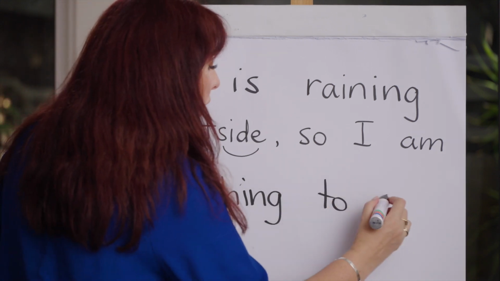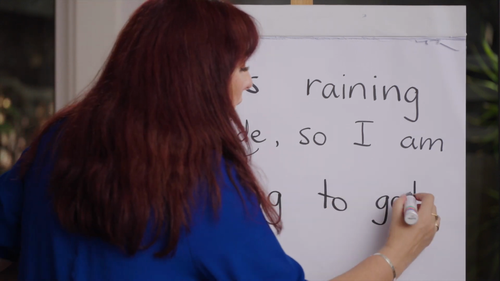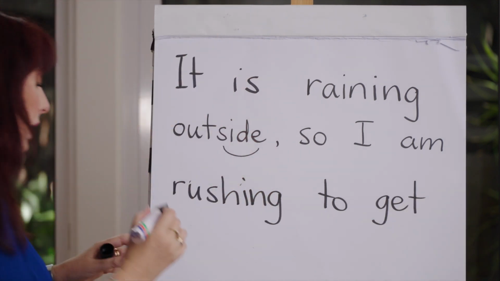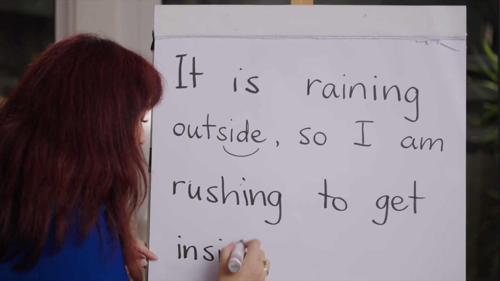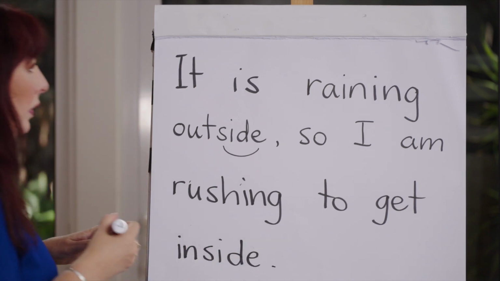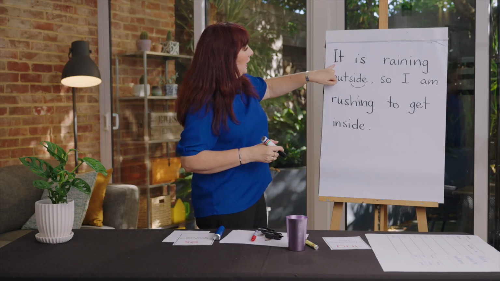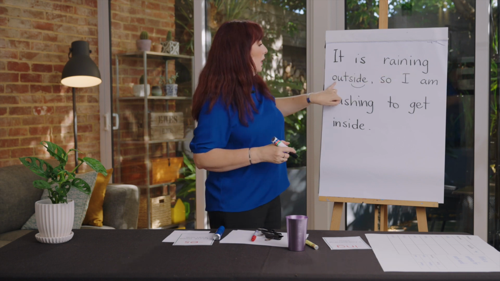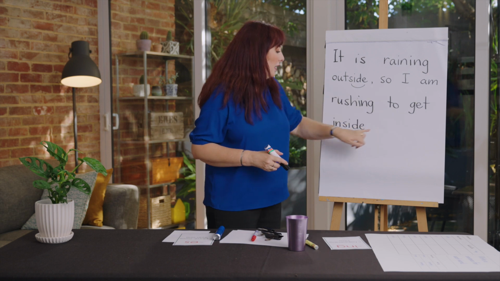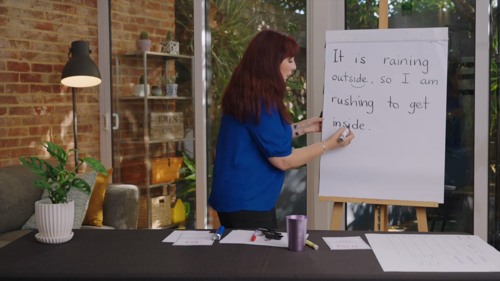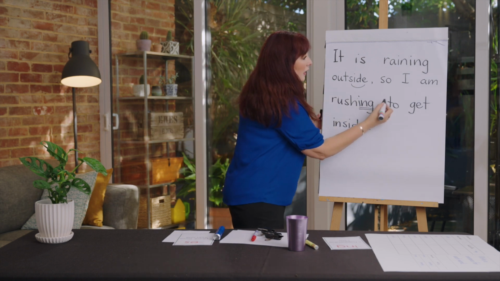To get, where do I want to get to? Inside. Inside. Let's read that together. It is raining outside, so I am rushing to get inside. And we've got that side again.